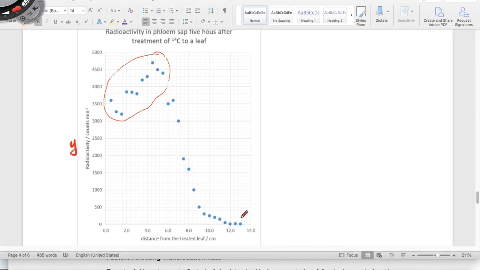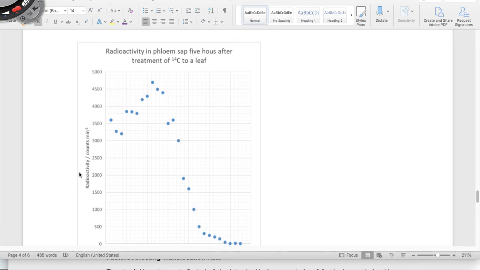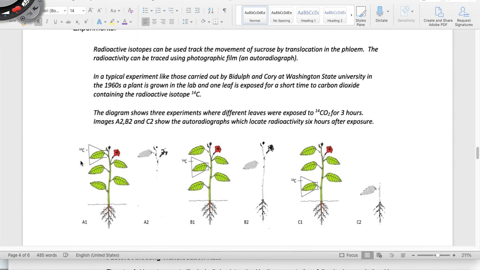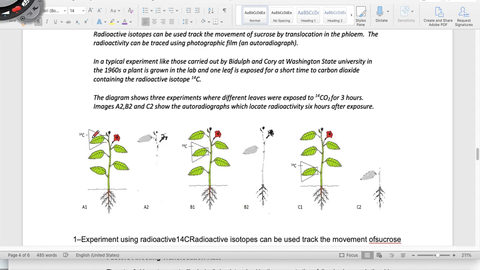But notice that those leaves that are farther away, right, they didn't get any of the carbon-14. So this just goes with what I was saying, that depending on the position of the leaf, the sugar that this leaf makes is only going to travel to a portion of the plant, whatever is closest, right?